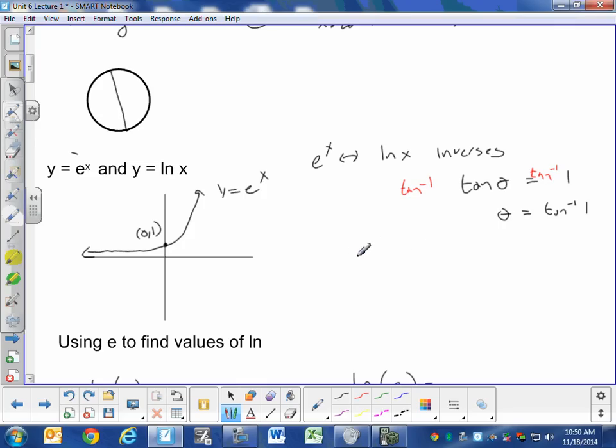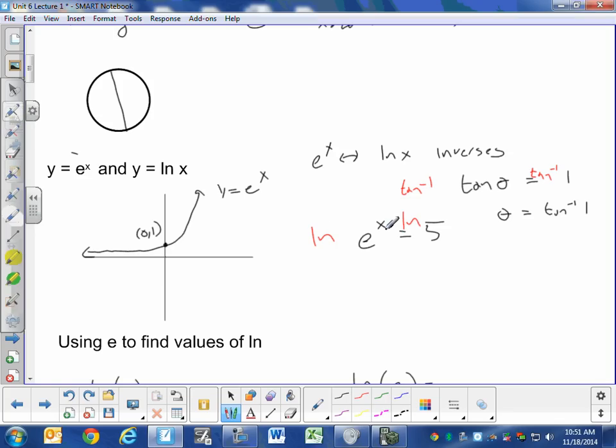Well, if I have, I don't know, 5 equals e to the x, or e to the x equals 5, let's do that instead. And I want to solve for x, I have to undo what e is doing to x. To undo it, I would use the inverse function. Now we're not going to do e to the negative first power, but instead we will use log, and we'll take the log of both sides, the natural log.